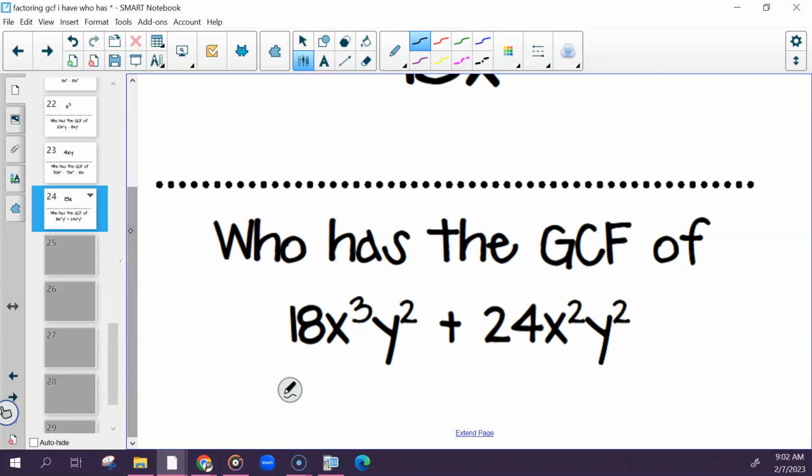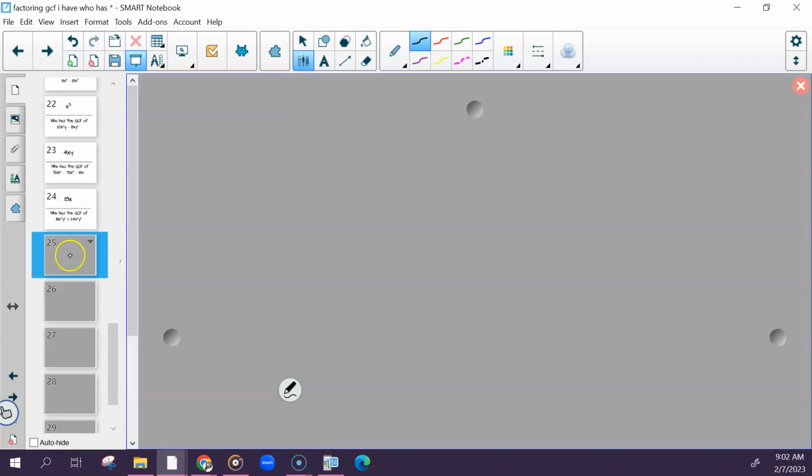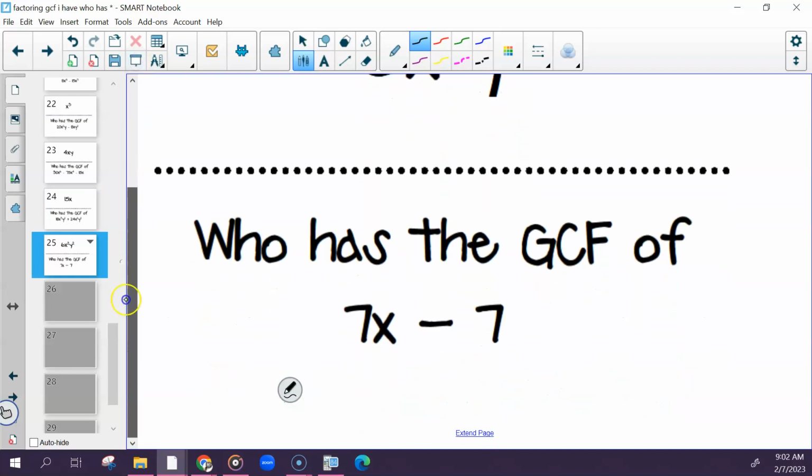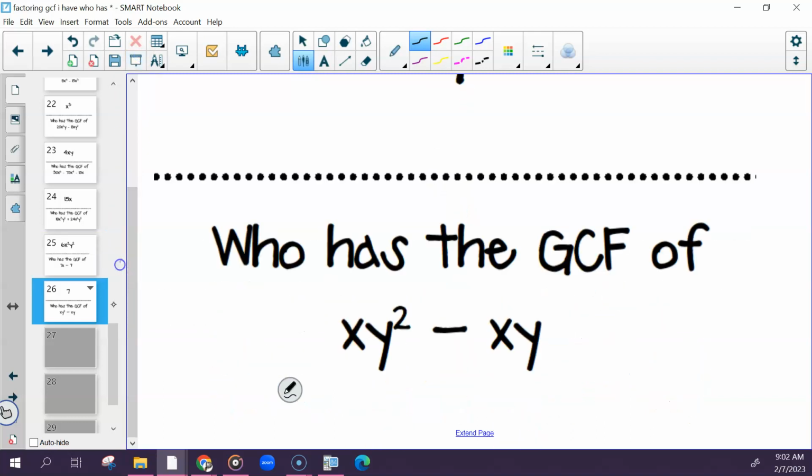It's not me. Go ahead, Grace. Yep. 6x squared y squared. And then read the bottom. 7x minus 7. Okay. That would be 7. So who has the GCF of xy squared minus xy?